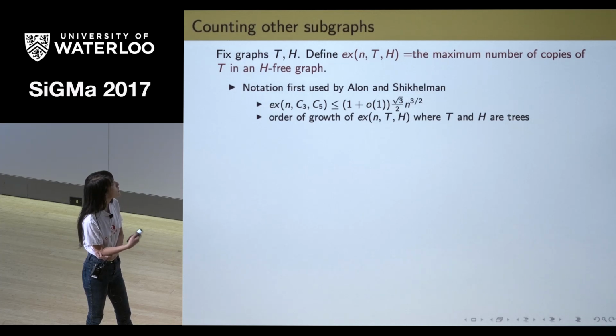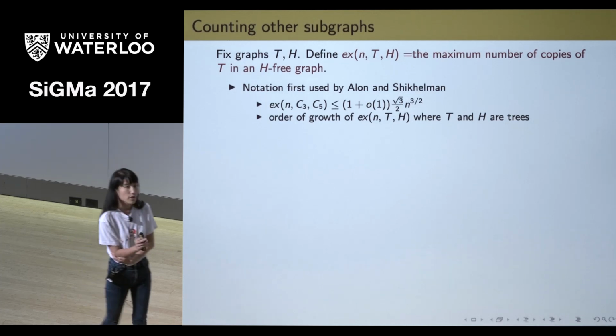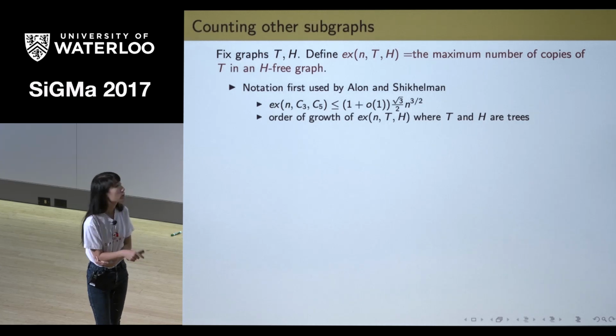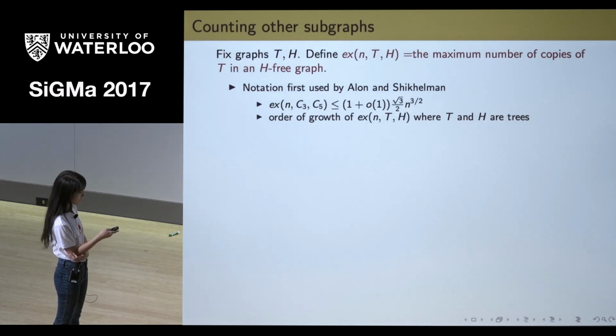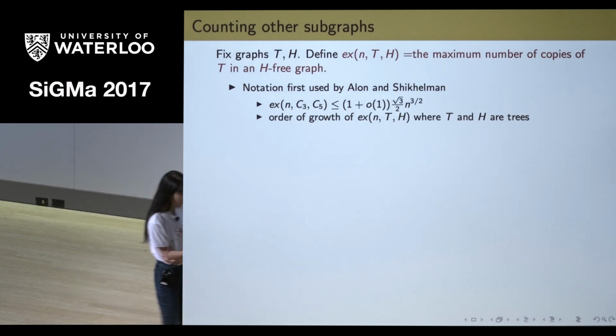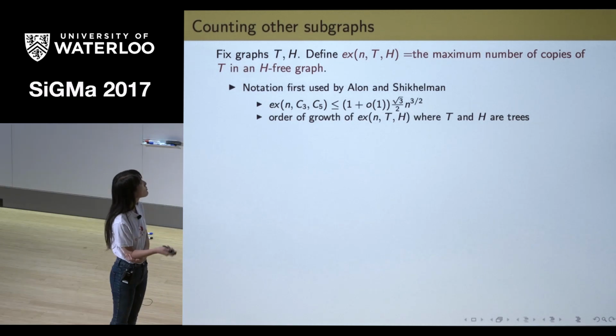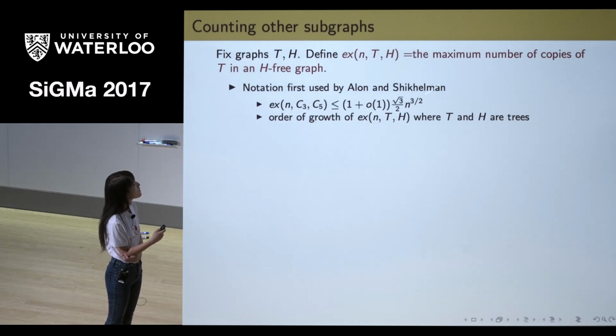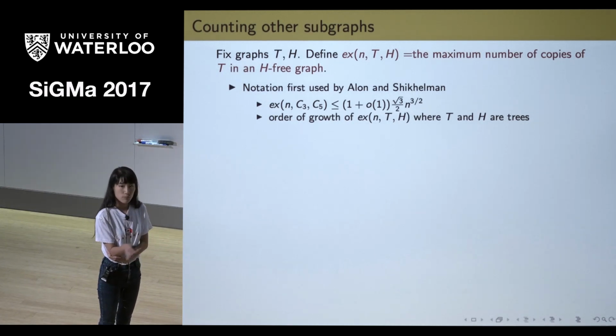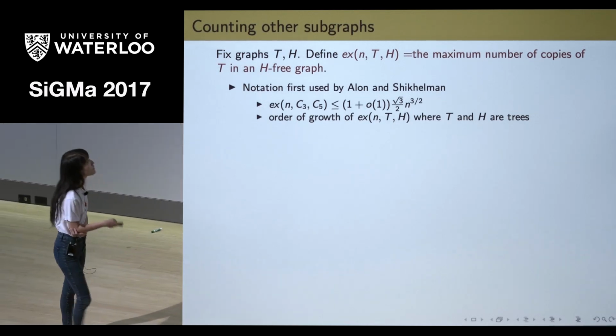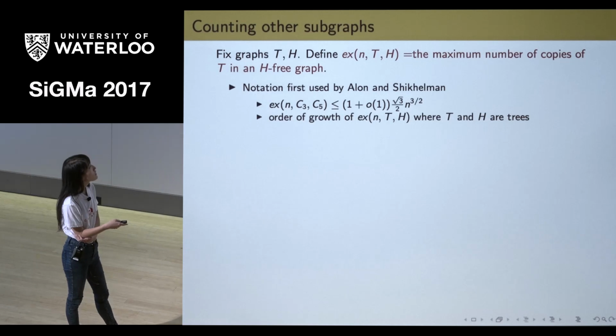The first one, they counted the maximum number of copies of triangles in graphs without C5. They gave an upper bound of some order n to the 3/2. You may recall, or not, that n to the 3/2 is the same order as the extremal number of C4, the maximum number of edges in a C4-free graph. So these problems are actually quite related.